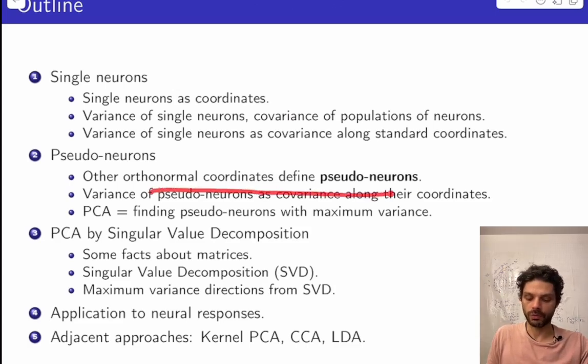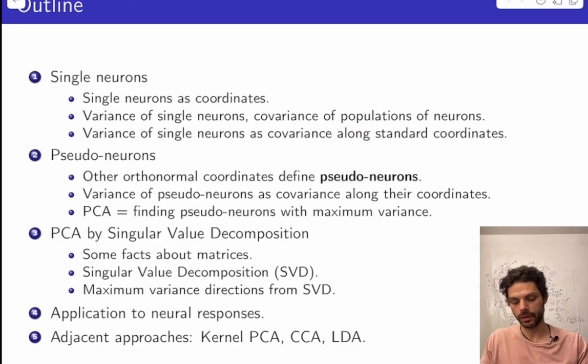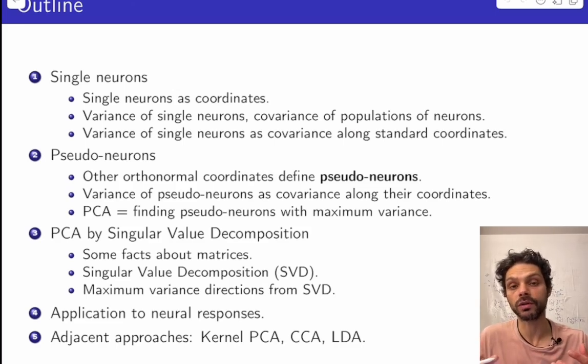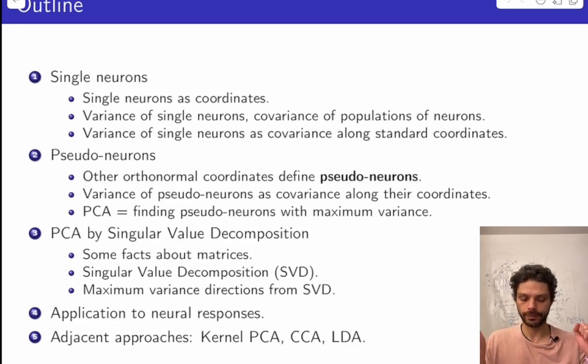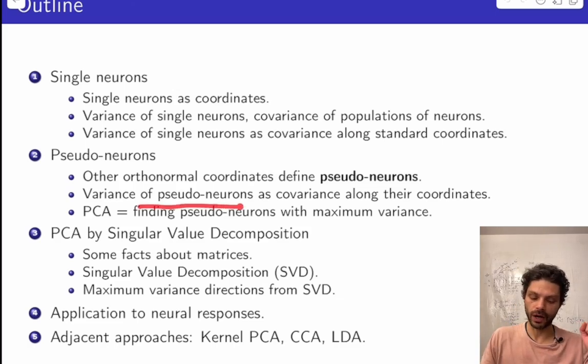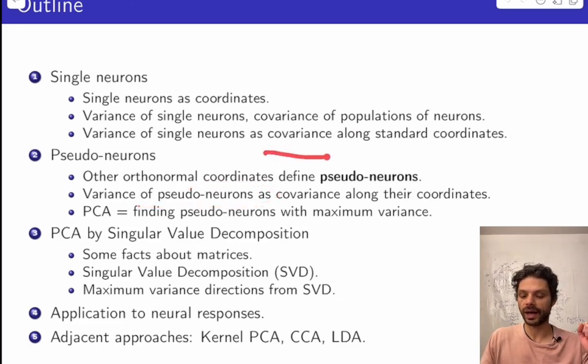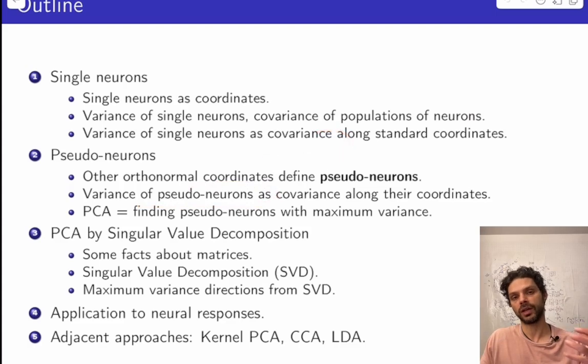These coordinates are pseudo-neurons: not actual neurons that we've recorded, but combinations of neurons that are maybe more useful for understanding the structure of our data. And then we'll show that computing the variance of pseudo-neurons is exactly the same as doing it for single neurons, with just a slight change.